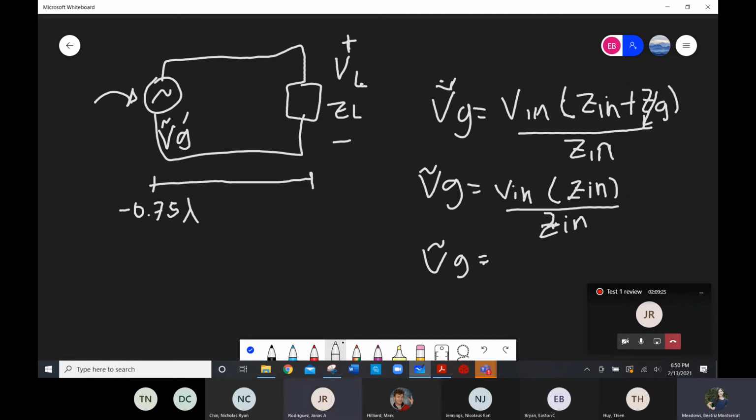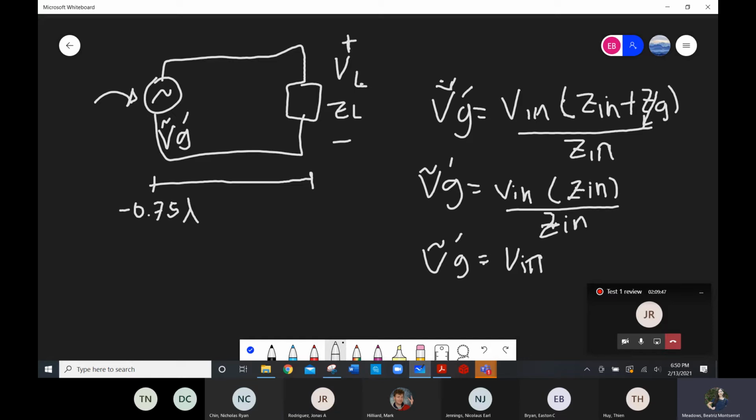You guys don't see the magic, sadly. What is VG equal to? It's equal to V in. Yeah, and we're actually just going to call it VG prime, right? Because this is for the little transmission line.